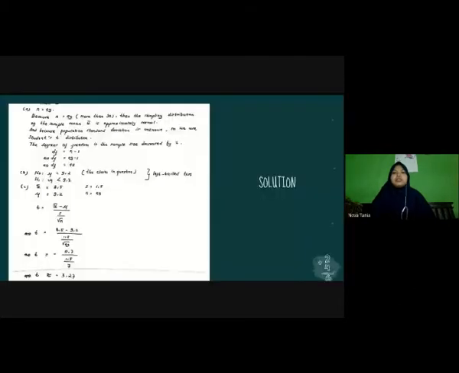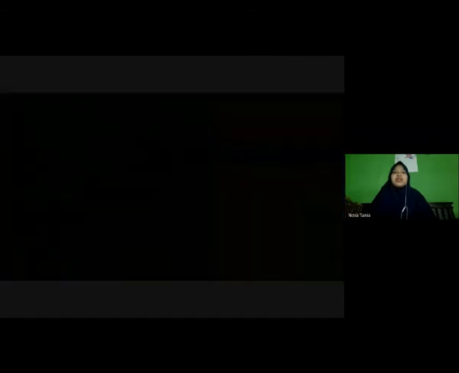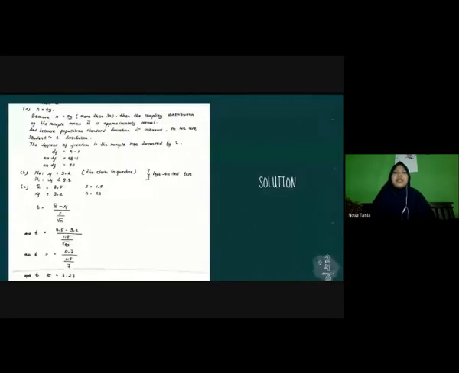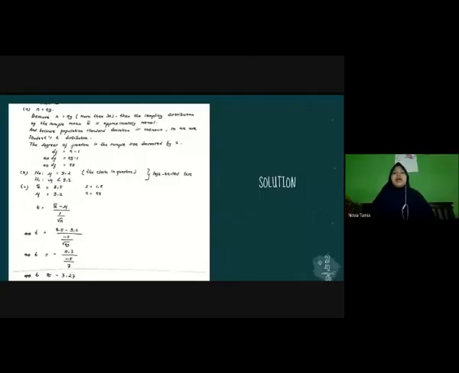Because the population standard deviation is unknown, we use the Student t distribution. We just have the sample standard deviation, and the degrees of freedom is the sample size decreased by 1.